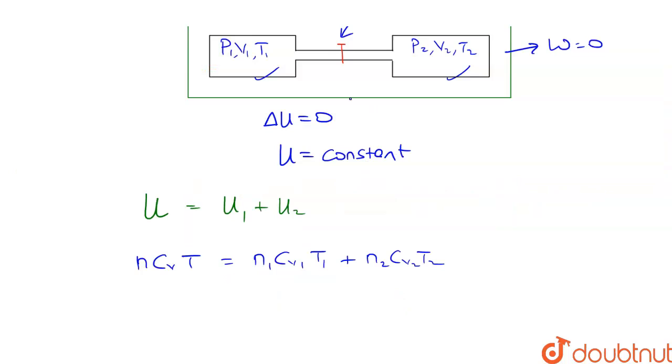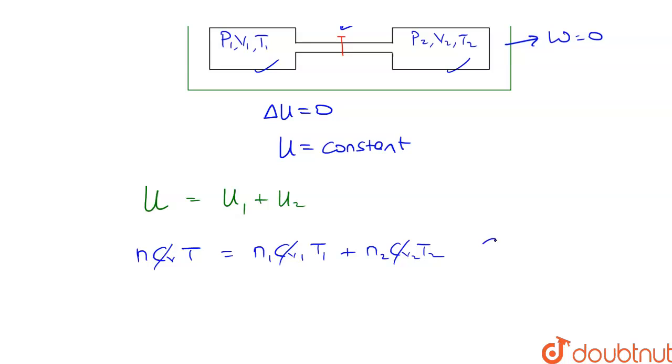Since both the gases are the same type, the Cv will be the same. Therefore we can divide Cv from both sides because Cv1 is equal to Cv2 is equal to Cv.